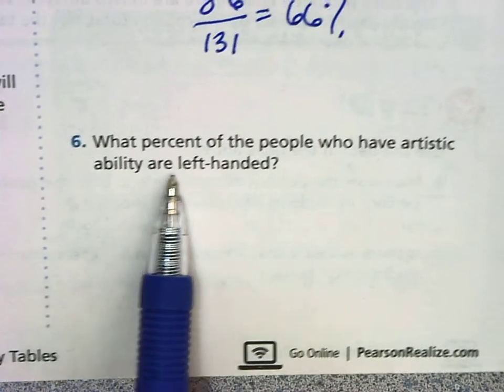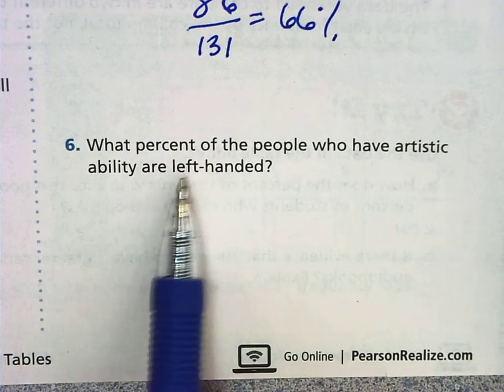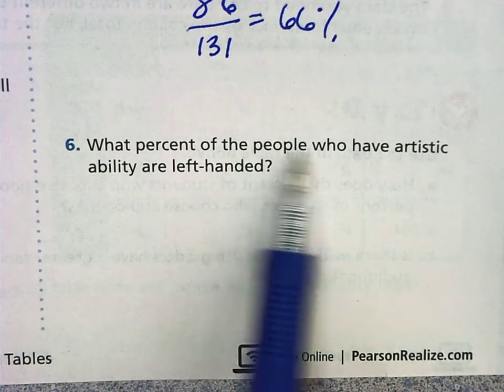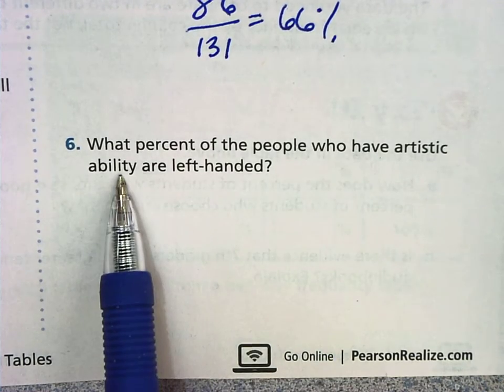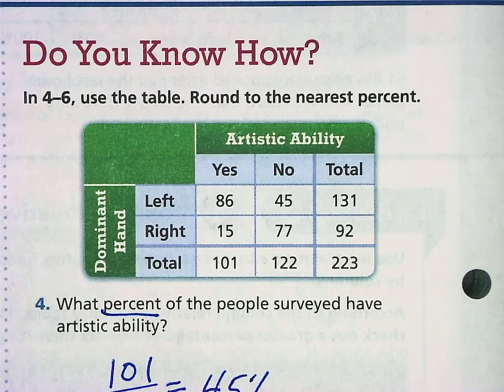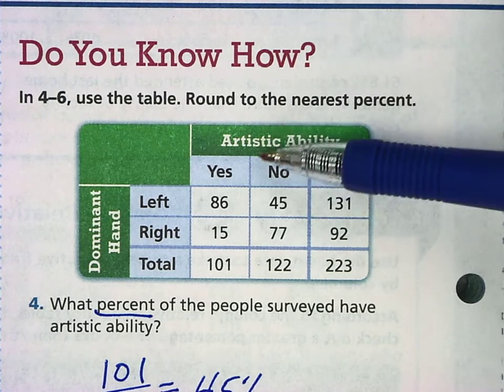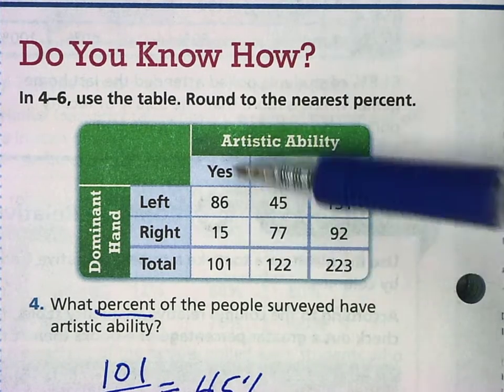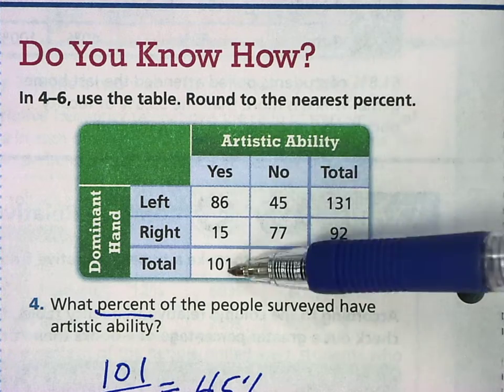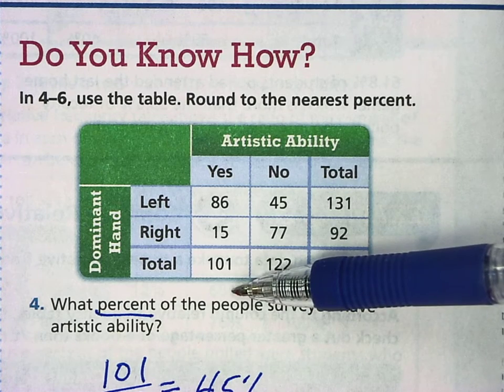Okay, let's answer one more question about that. What percent of the people who have artistic ability are left-handed? So now we're looking at it by column. These are the people that said they have artistic ability. How many are left-handed?